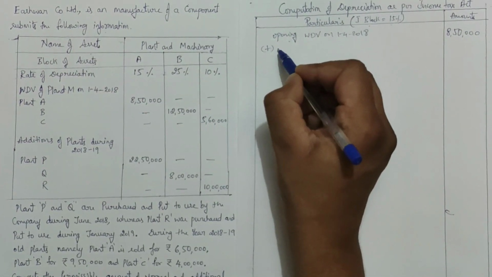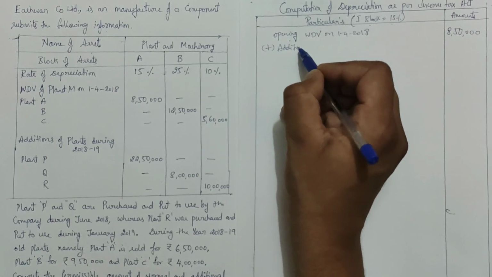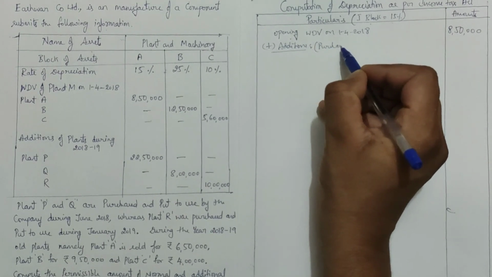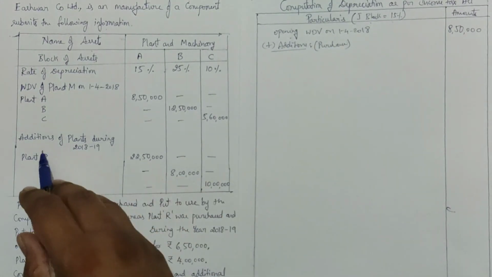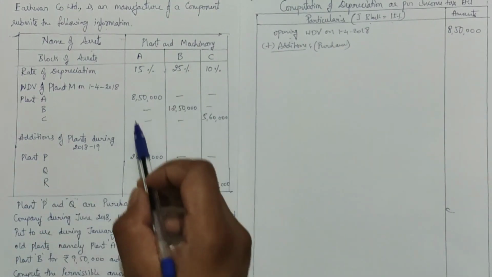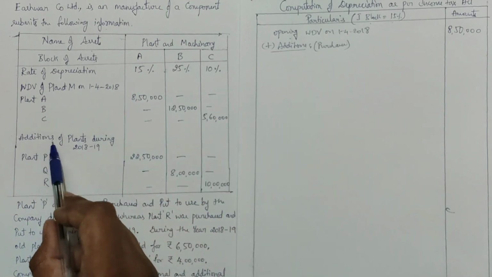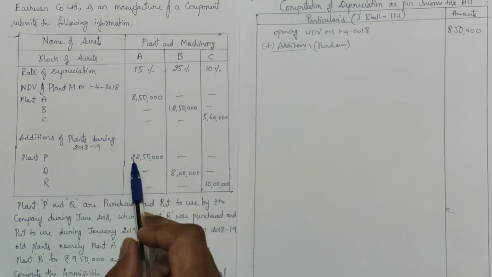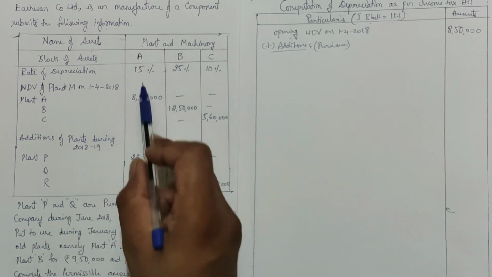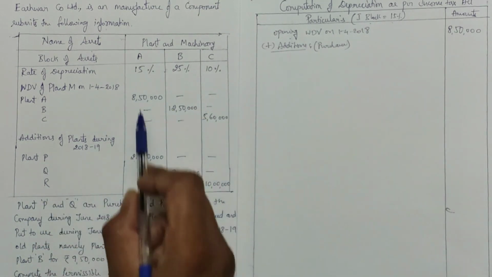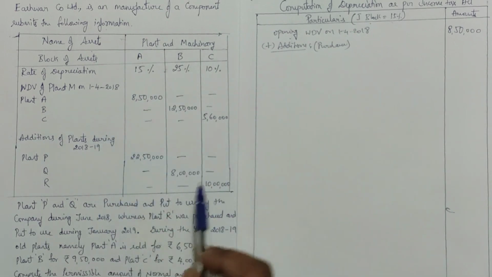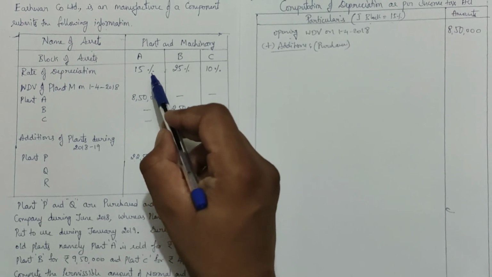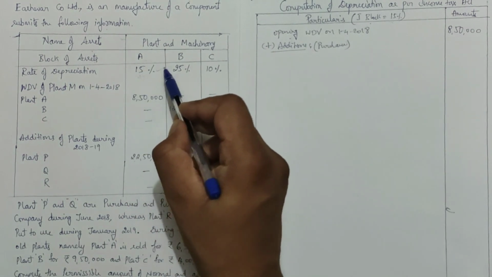Then plus, if we have any additions, that is all about purchases, that we need to add. You can see here for A plant and machinery, we have additions of plant. What do we have? Plant P, 22,50,000. They have entered this in the column of plant and machinery A. That means for A, for the first block, we have taken 15%, right?